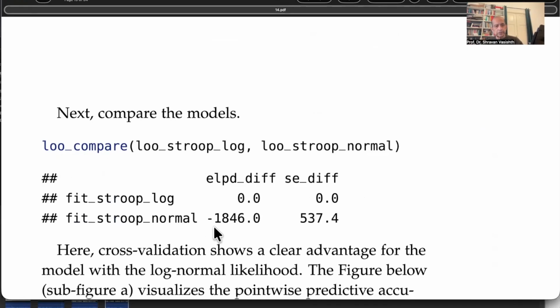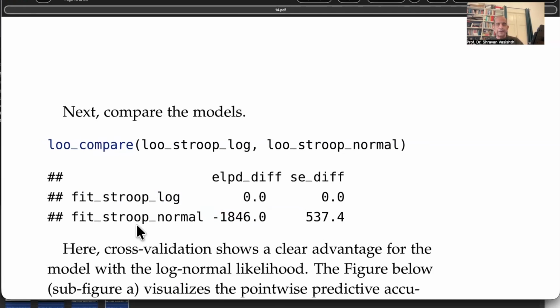With loo_compare, you can see that there's a gigantic disadvantage for the Gaussian likelihood and a huge advantage for the log normal likelihood, so there is overwhelming evidence that the Gaussian likelihood is a terrible idea.